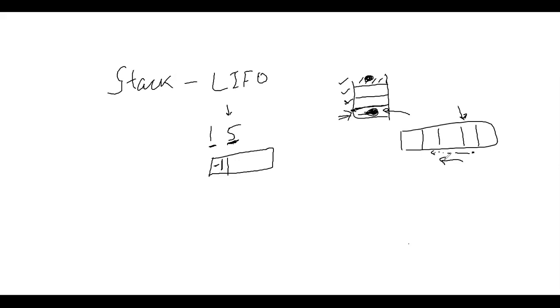In this particular case, 5 can look at the element towards its left because there are only two numbers and say, hey, actually 1 is smaller than me. So that's fine. What about if 2 comes?